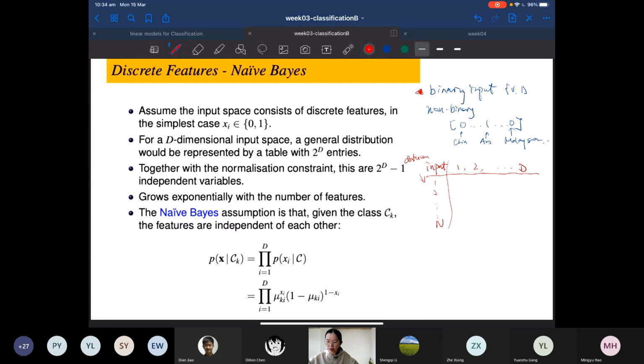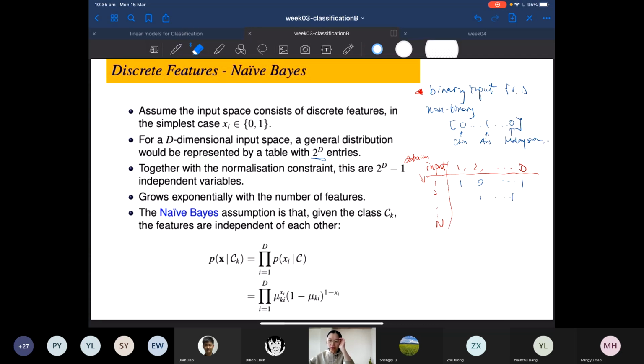Each of the positions can have an independent choice of being on or off, 0 or 1. Let's write it so the data can be 1, 0, 1. These are slots that we can independently assign binary digits, so the total possibility is 2 to the d. There's some normalization constraint on the probabilities, so the degrees of freedom are slightly less, but not by much.